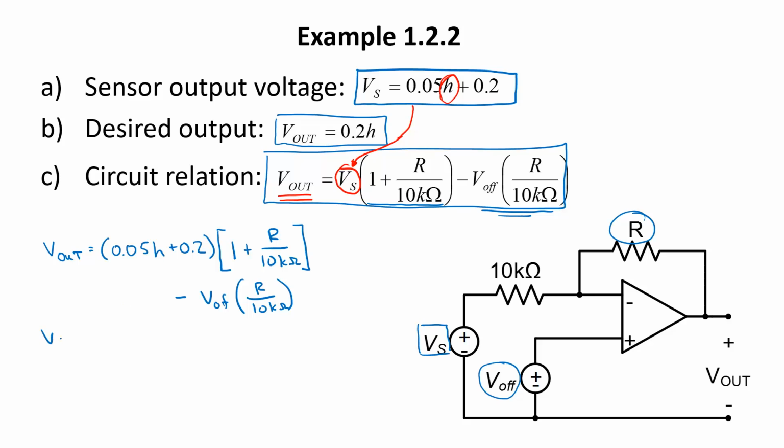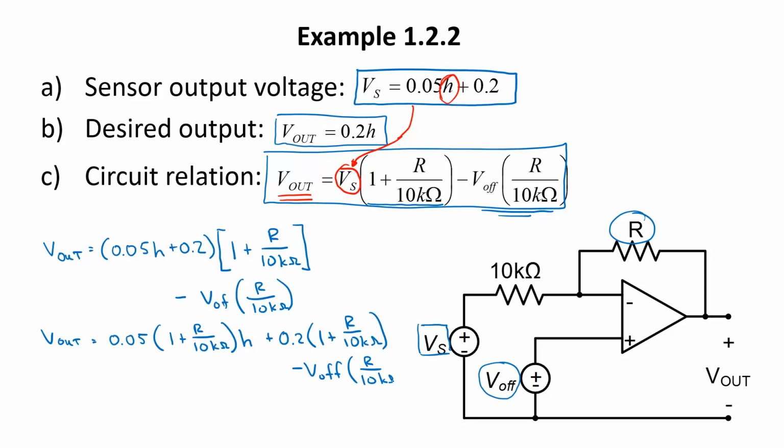Grouping terms, V out is equal to 0.05 times 1 plus R over 10 kiloohms times H plus 0.2 times 1 plus R over 10 kiloohms minus VOFF times R over 10 kiloohms.